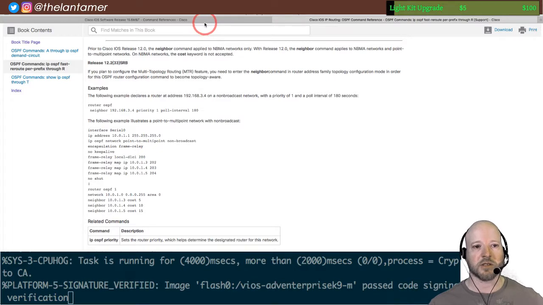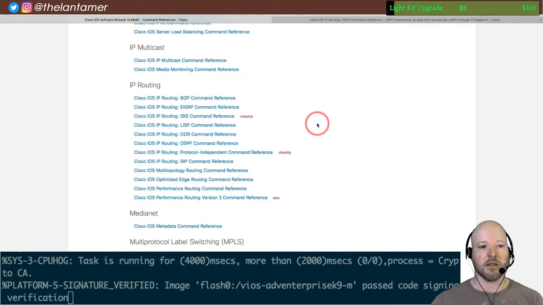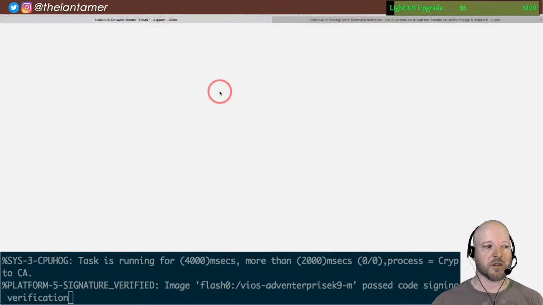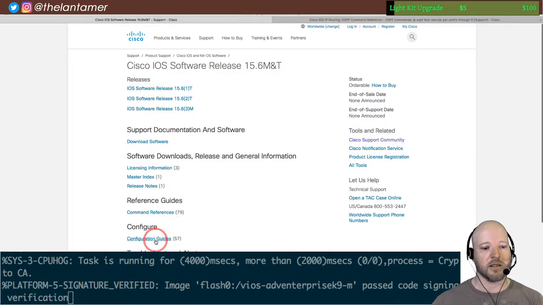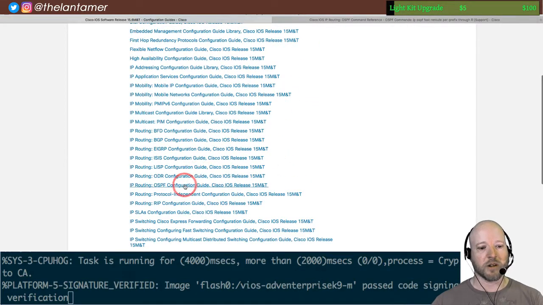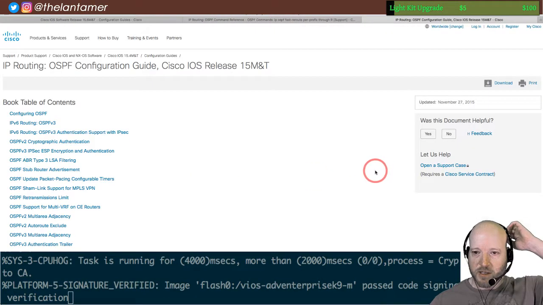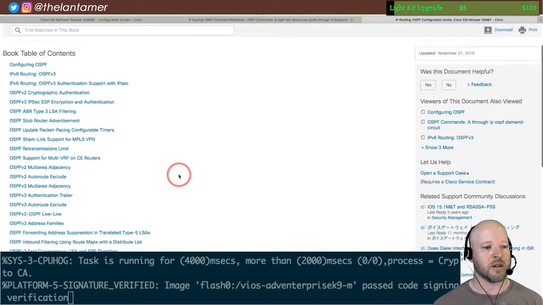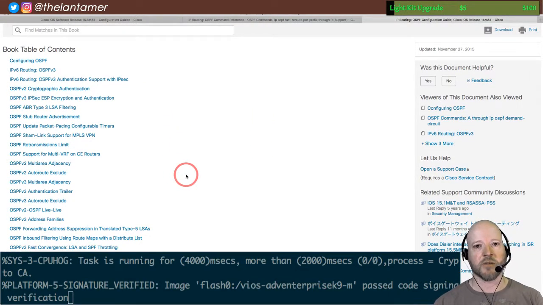All right, let's just see. We could also look at the configuration guide. Sometimes it's important to recognize that when just looking at the command reference isn't working, you've got to back out and come into the configuration guide.